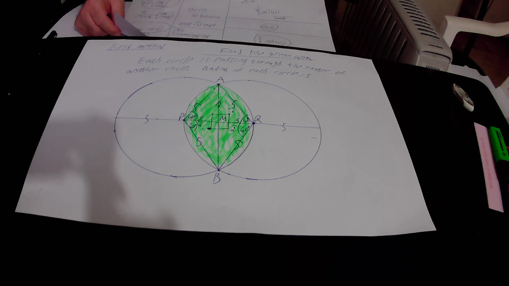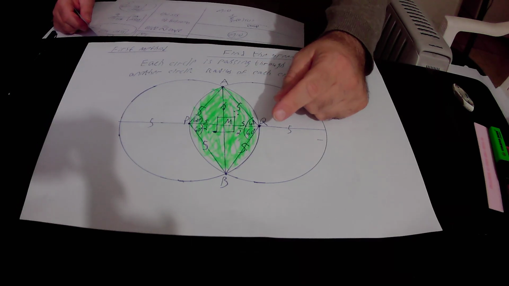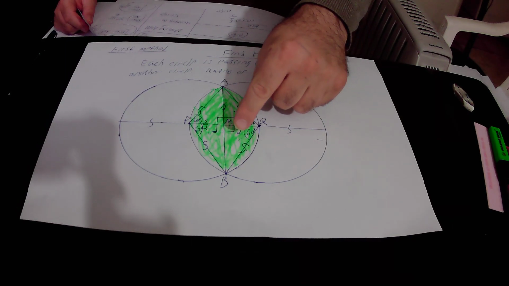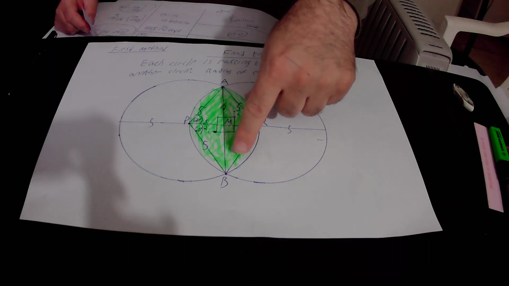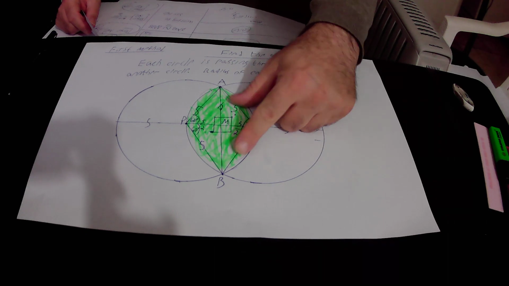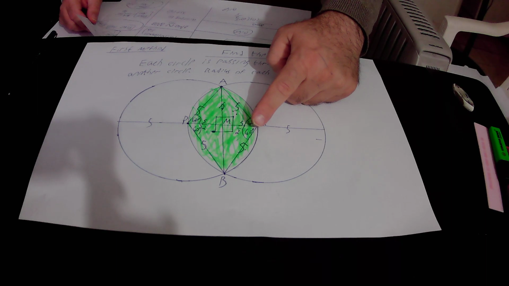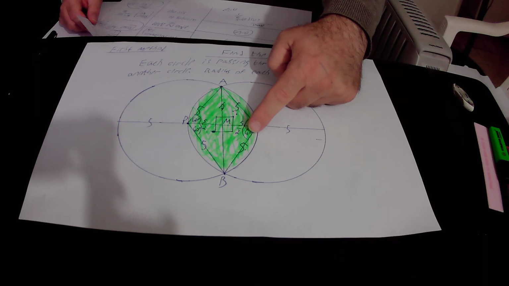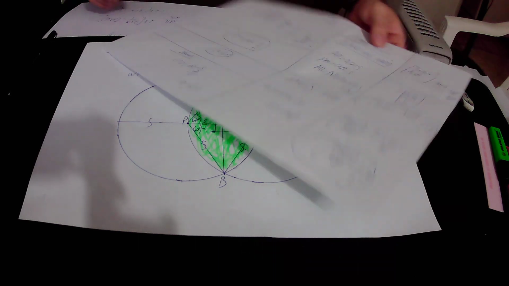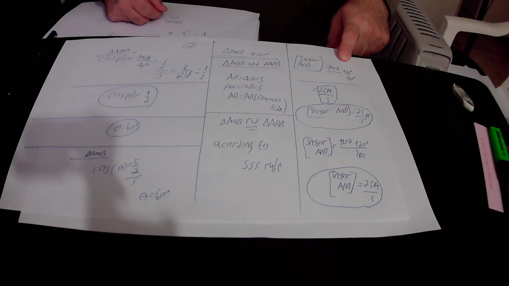Then we calculated the area of sector AQB. What is the area of this sector AQB? It will be equal to pi r squared times 120 degrees over 360 degrees.